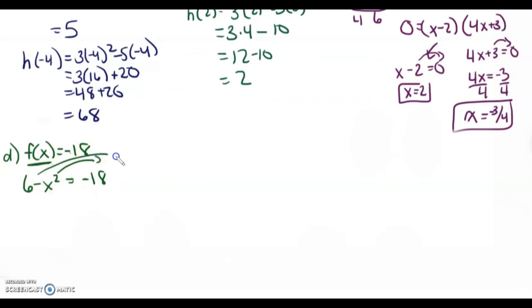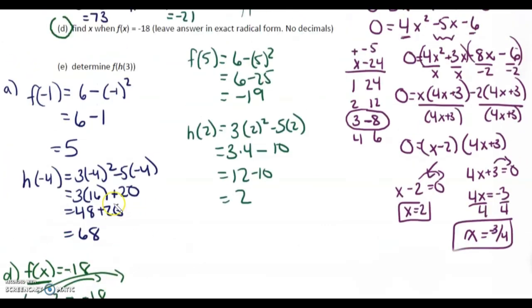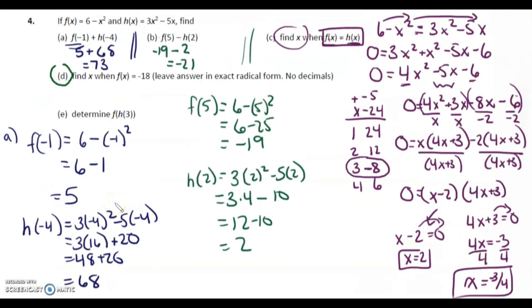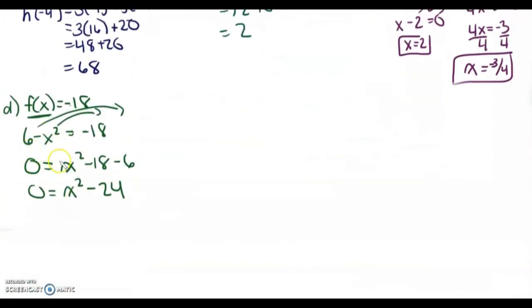Let's bring everything to the right-hand side, and I get 0 equals x squared minus 18 minus 6. What if that's negative 24? Just checking. Negative 18 and then 6 minus x squared. Oh, no, that's plus. No, that's minus. Comes over the equal sign.